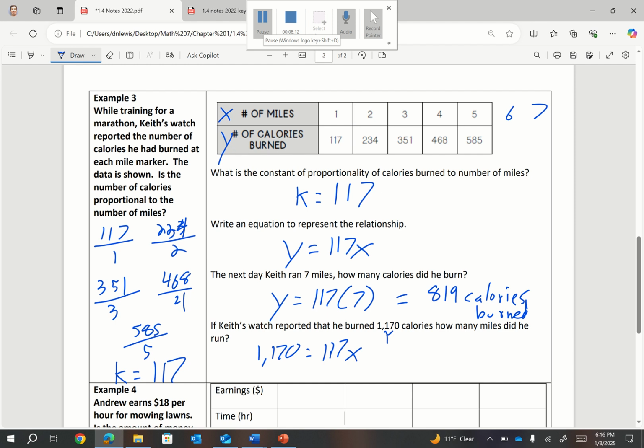And I can solve this just by using what we know about solving one-step equations. To get x by itself, I need to divide because this is 117 times x. I'm going to divide by 117 on both sides. 1,170 divided by 117 is 10 miles.